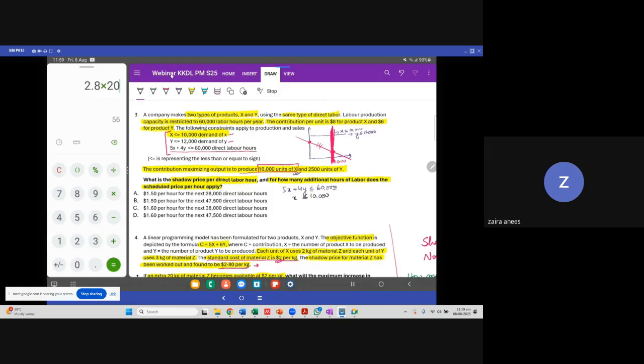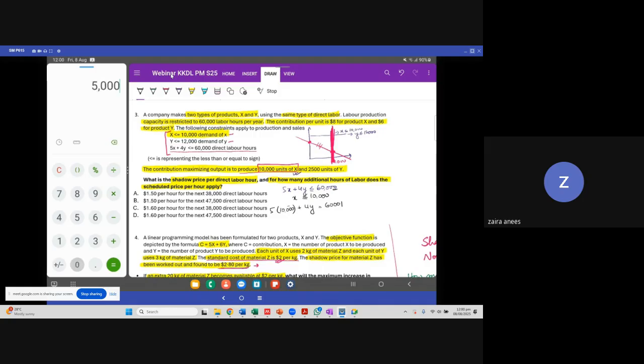Now for shadow price, you just need to add 1 here, right? So 5x plus 4y is equal to 60,001. And we will put x equal to 10,000, right? What I'm doing, 5x plus 4y is equal to 60,001.